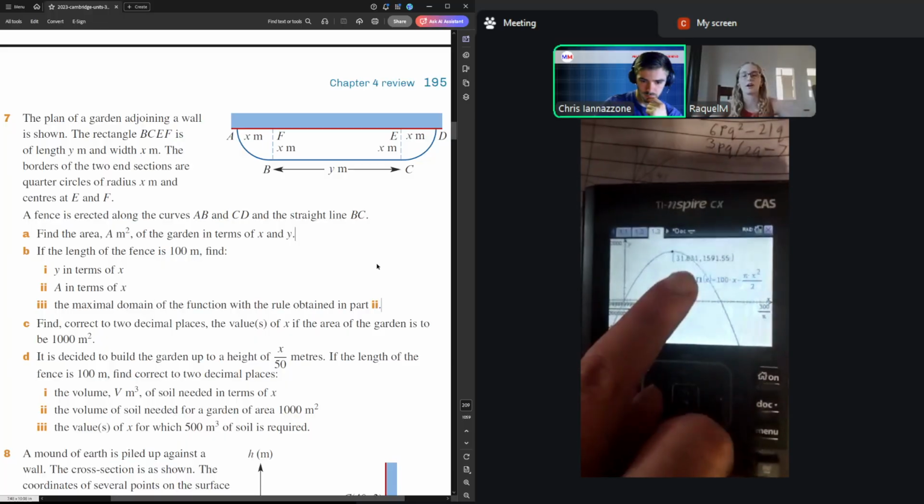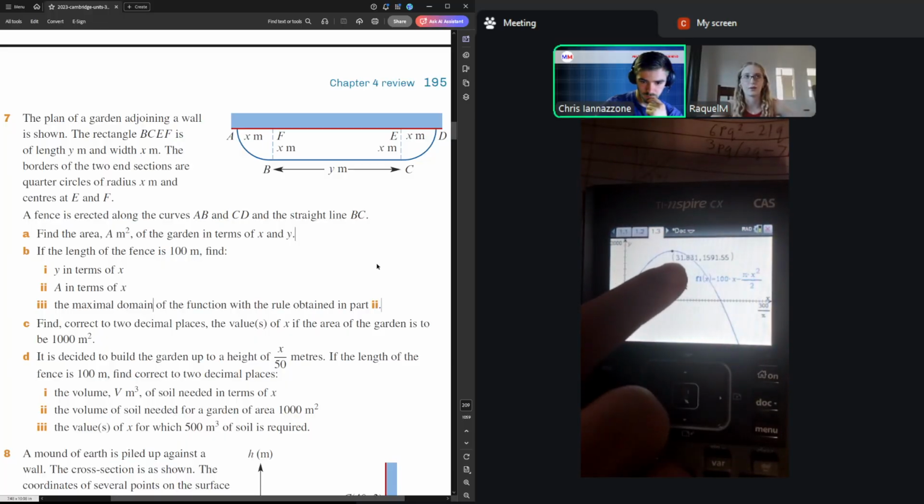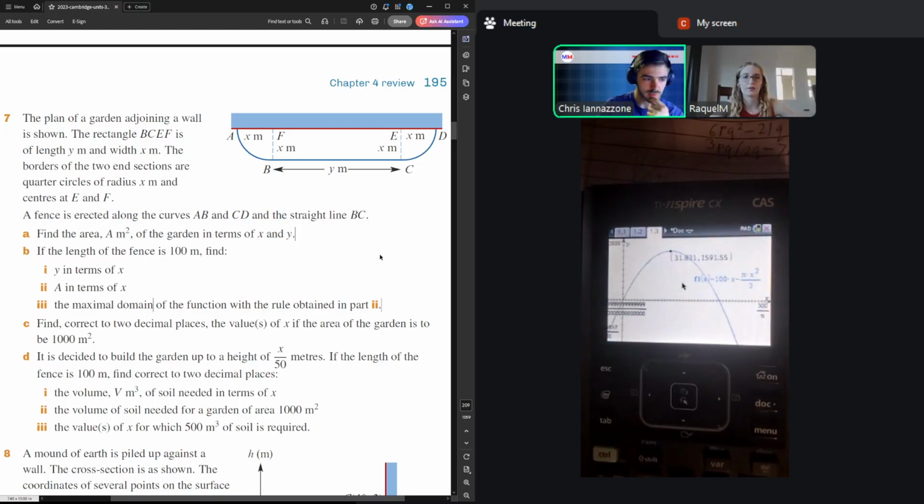Yeah, the greatest x value. So greatest y would be what you're looking at then if you were to get all the way up to the top. Yeah, so the y in this case is area. So what you're finding is the x value that maximizes area. Yes. Maximal domain typically just refers to how many x values, so what's on the x-axis, how far we can go that way.